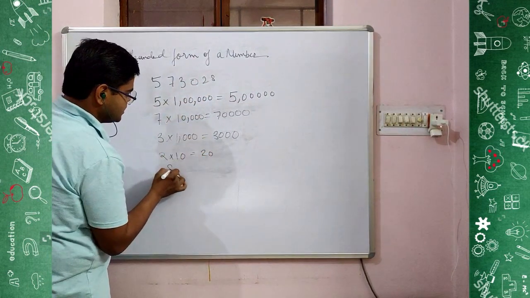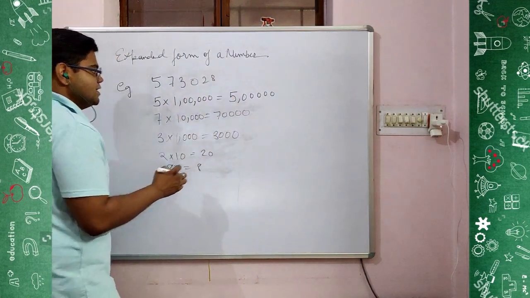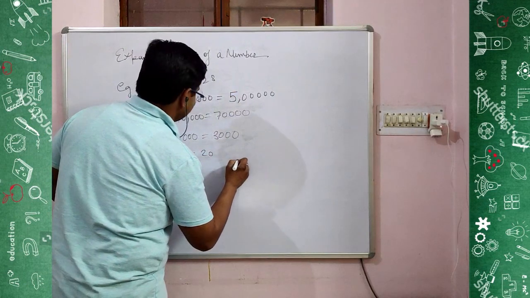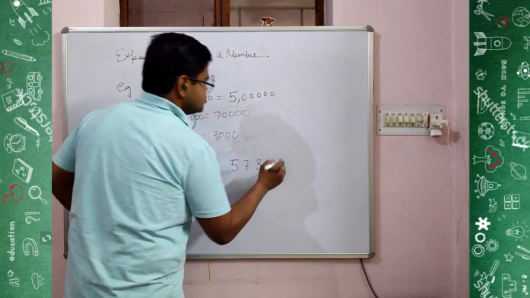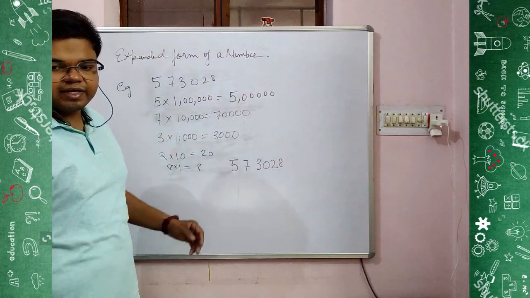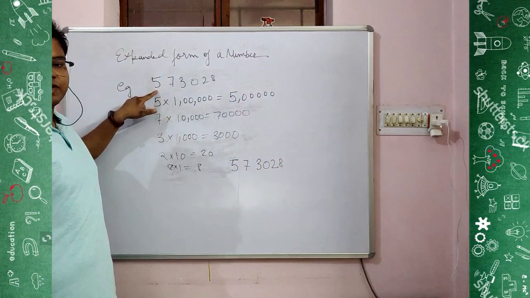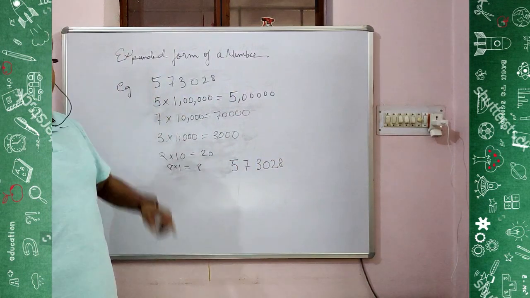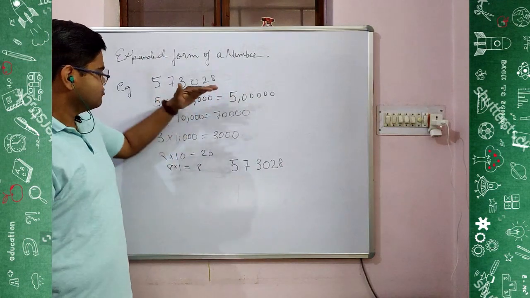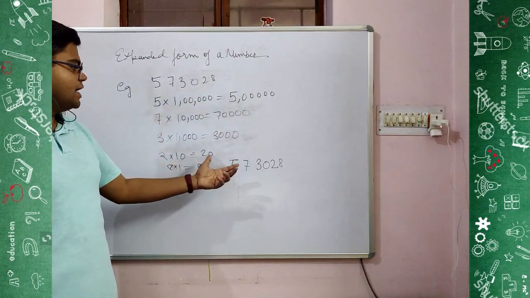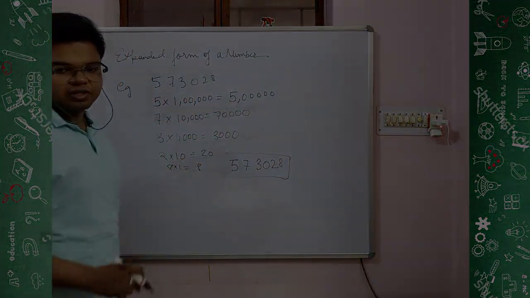And what about 8? 8 into 1. 8. And if we add all these, then it will again give us 5733028. So expanded form of a number, children, is when we multiply the face value of the number with the place value, we get the expanded form, and we write it for every digit, and if we add all of them again, we get our original number, children.